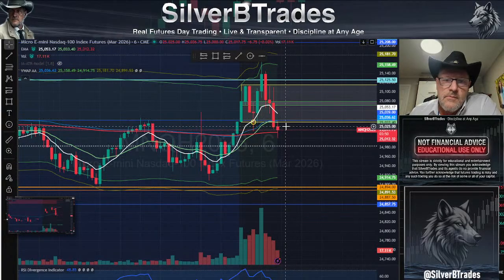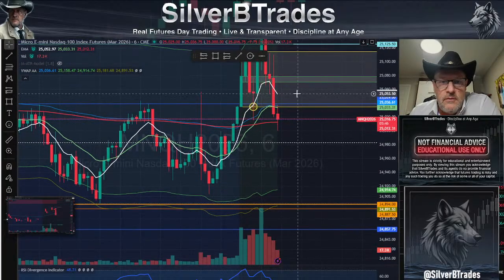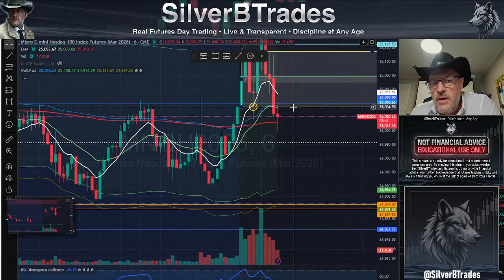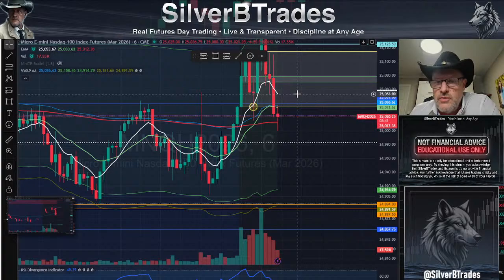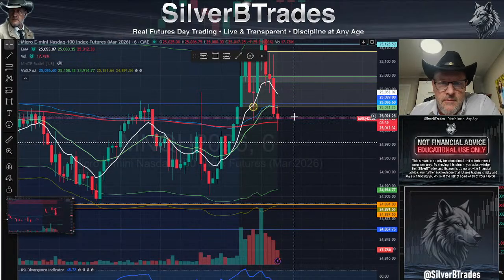Retest back up into here, I'll look for a short. It would be too nice. So we're below the 2-minute EMA now, so that's why I'd be looking for a short around 25,053.